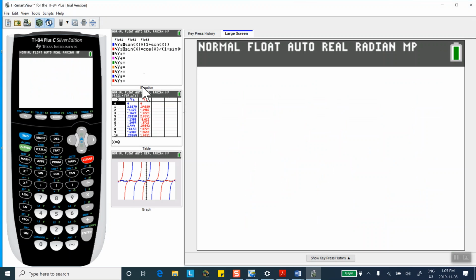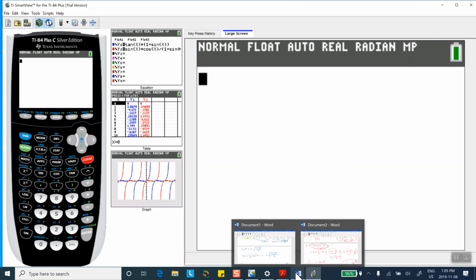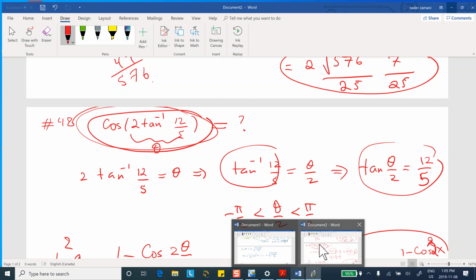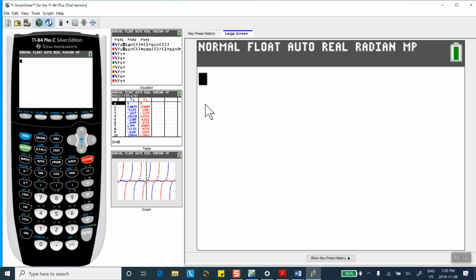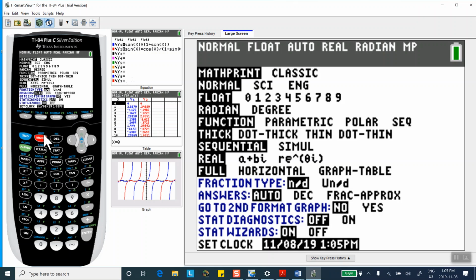Okay, first thing I'm going to do is whatever they gave us, which was cosine of 2 tan inverse of 12 over 5. What's my mode here? First of all, make sure it's radians. Scroll down, it is radian, very good.